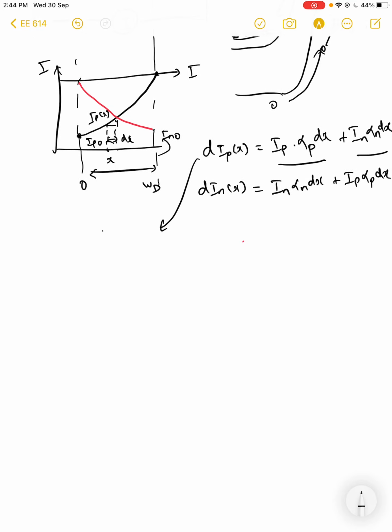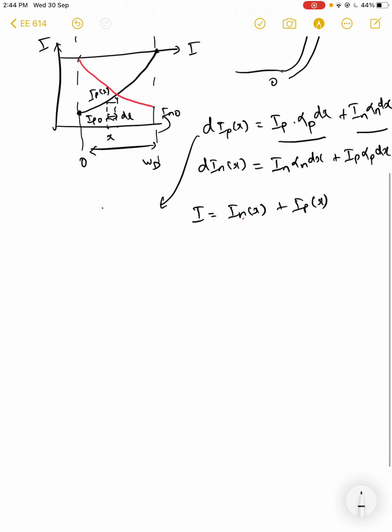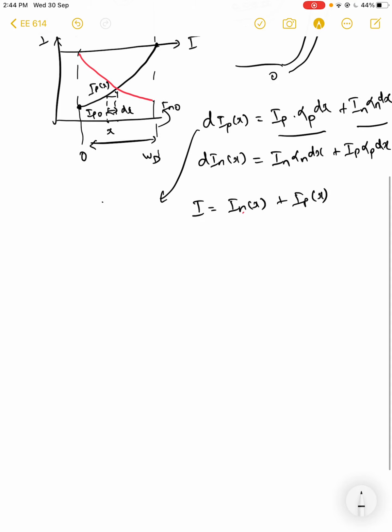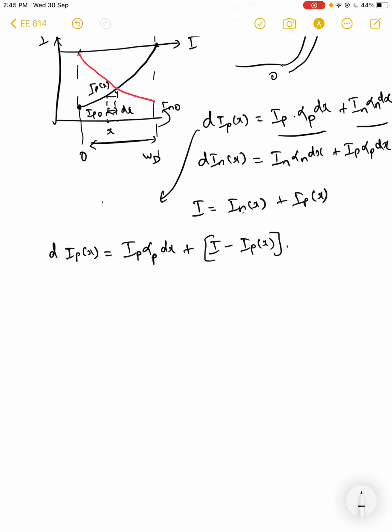So we saw that the total current is constant. So basically I is equal to In of x plus Ip of x. At any point in the depletion region, the total current is going to be constant everywhere. So I can always write In of x is I minus Ip. So in this equation, dIp of x is Ip alpha p dx plus (I minus Ip of x) alpha n dx, right?